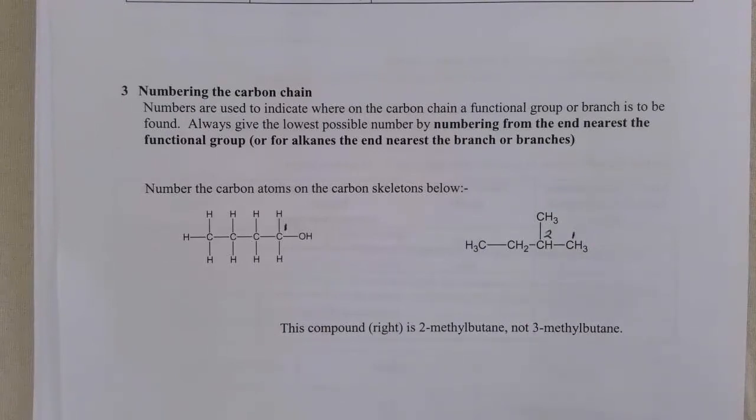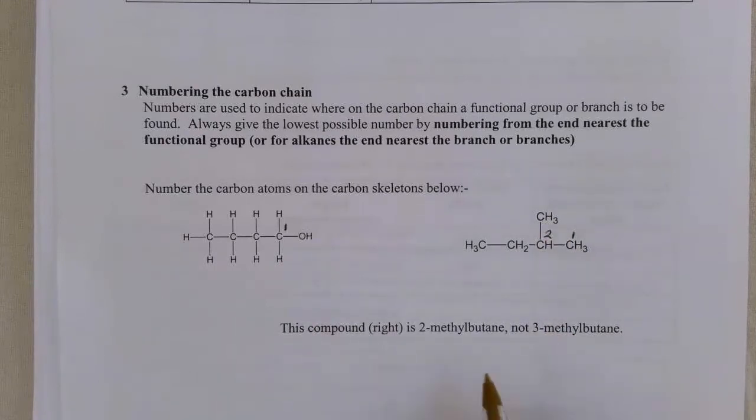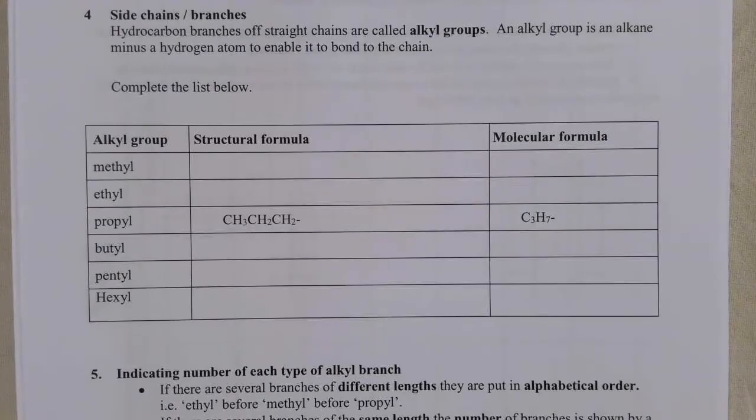What you should also notice is this molecule here is a branched molecule. So I need to show in the name that it has a branch, and I do that by using methyl as a prefix. Now these side chains or branches off of the main straight chain of carbons are called alkyl groups, A-L-K-Y-L. That's because we're adding an alkyl. An alkyl is an alkane minus a hydrogen atom, and this just allows it to bond onto the main carbon chain.